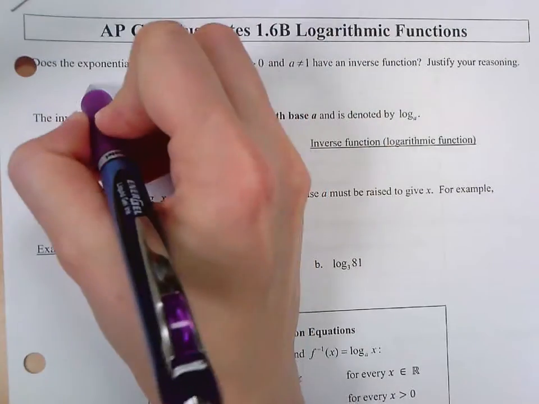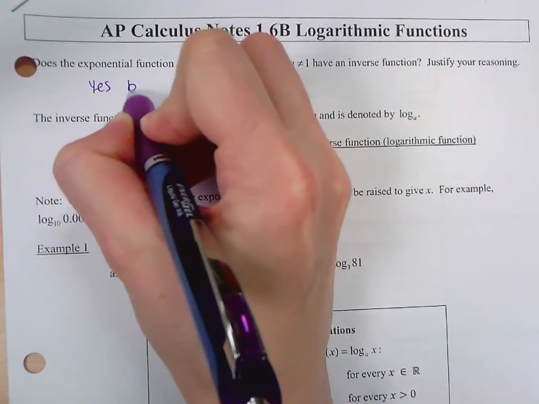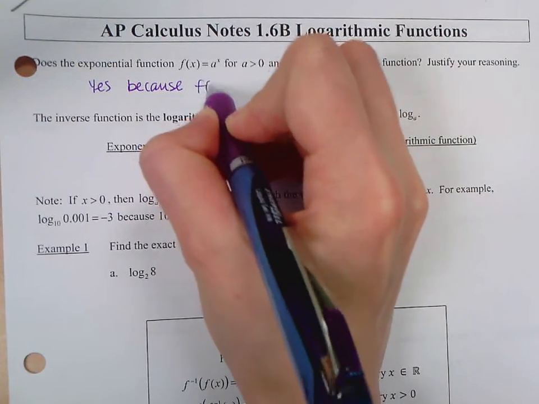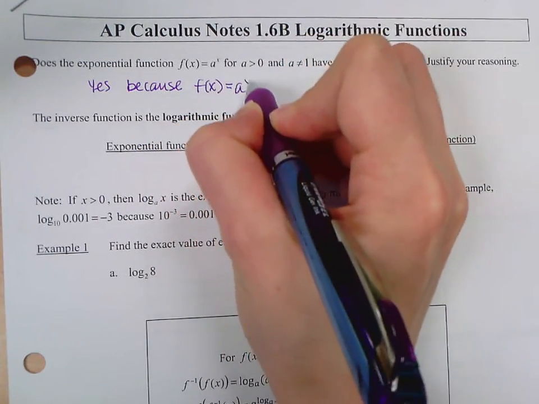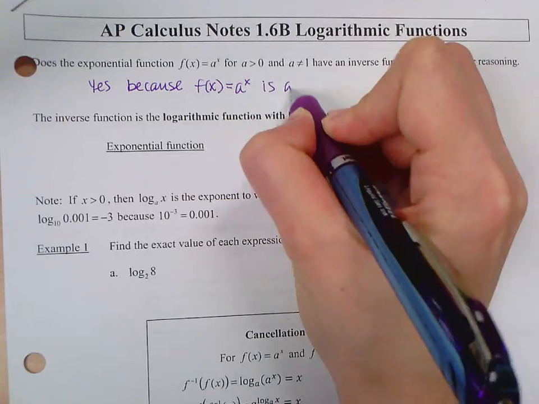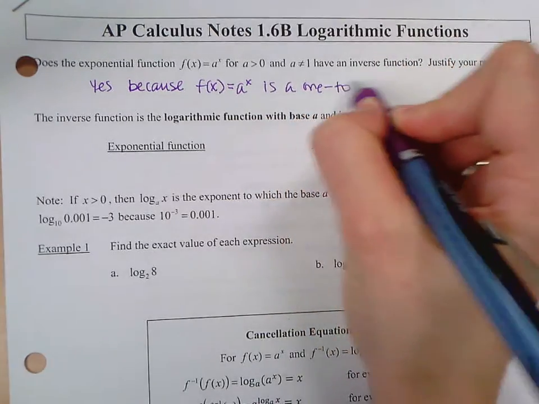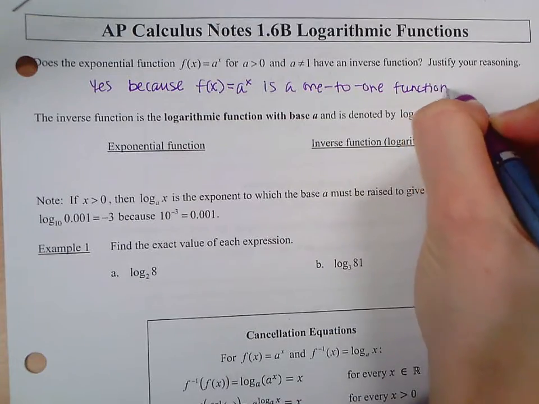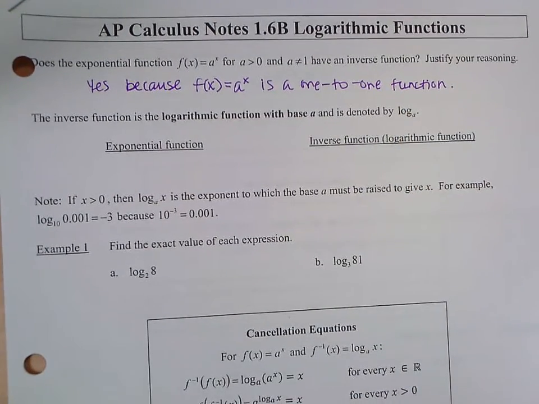So I could say yes, because f of x equals a to the x is a one-to-one function. And that's true if the a value is greater than 1. It's also true if the a value is between 0 and 1. Greater than 1 gives us the increasing function. Between 0 and 1 gives us the decreasing.